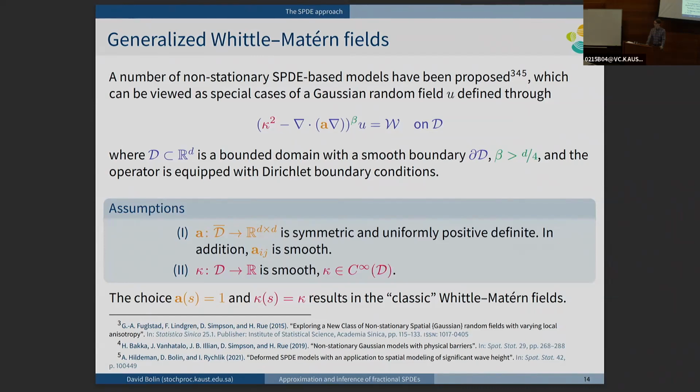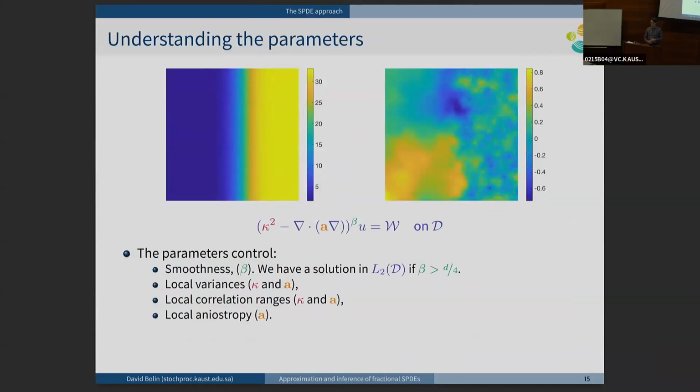Yes, exactly. So when you look at this solution, it will not be stationary. You're right, for instance, the marginal variances will go to 0 at the boundary. Now, the effect of that essentially depends on kappa. If you look at the field away from the boundary, it will essentially look like the Matern field.